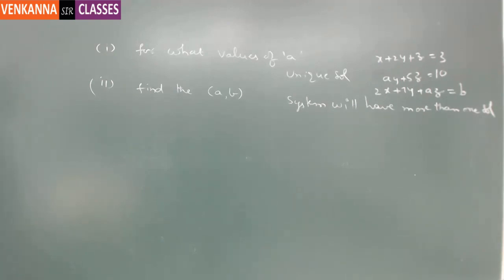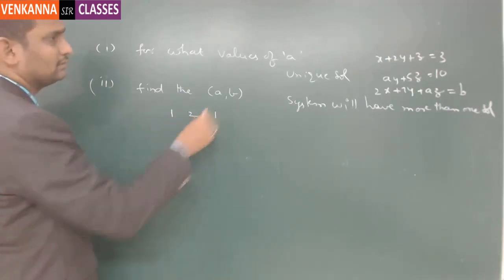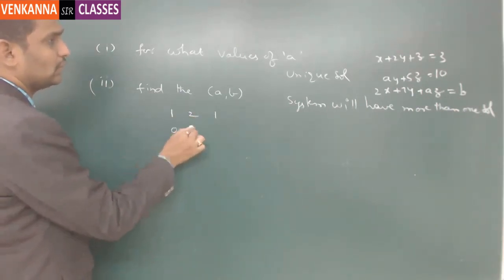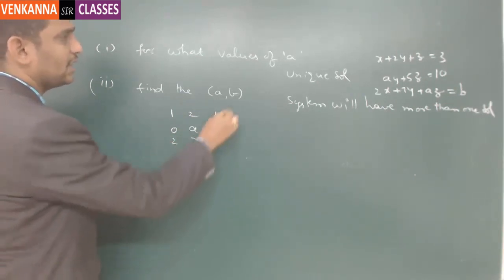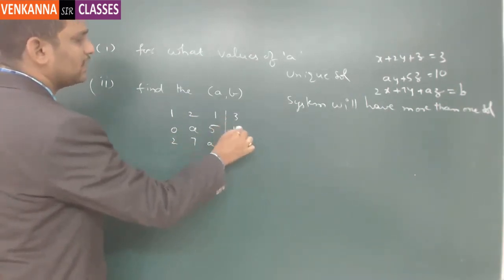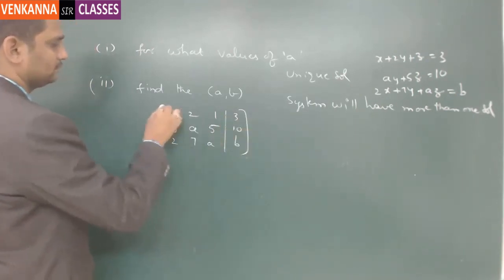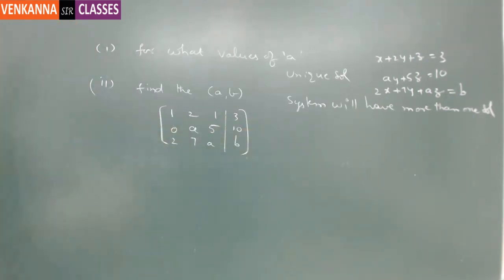Right. So let us write the equivalent matrix system as it is: 1, 2, 1; 0, a, 5; 2, 7, a, augmented with 3, 10, b. Now we apply the respective row operations to reduce it into echelon form.